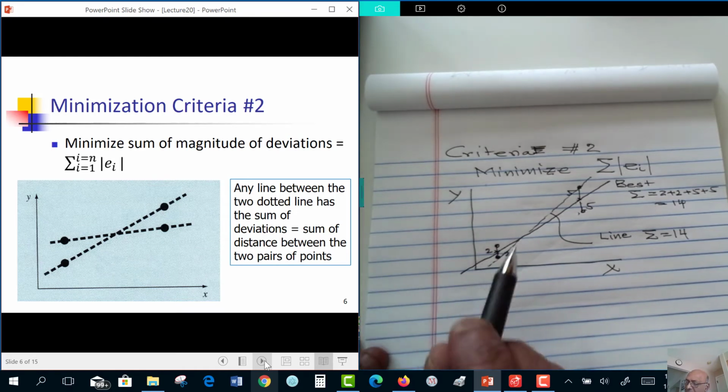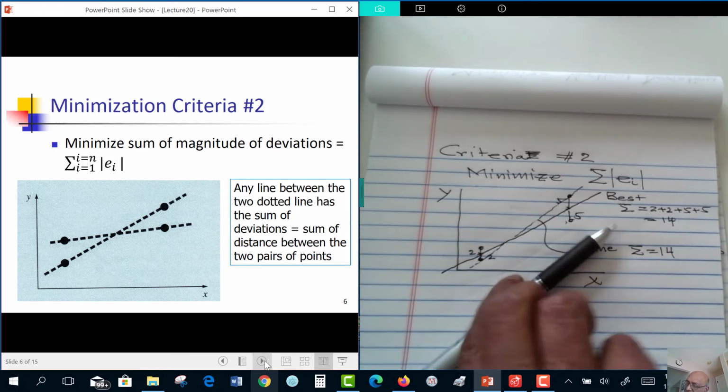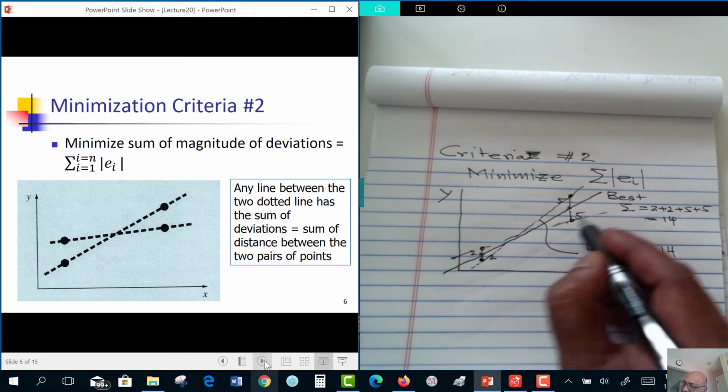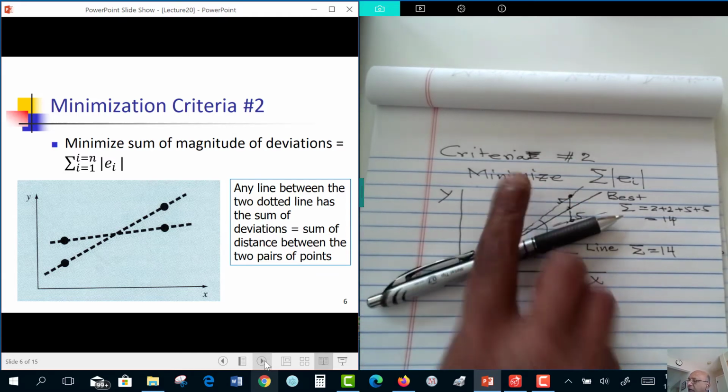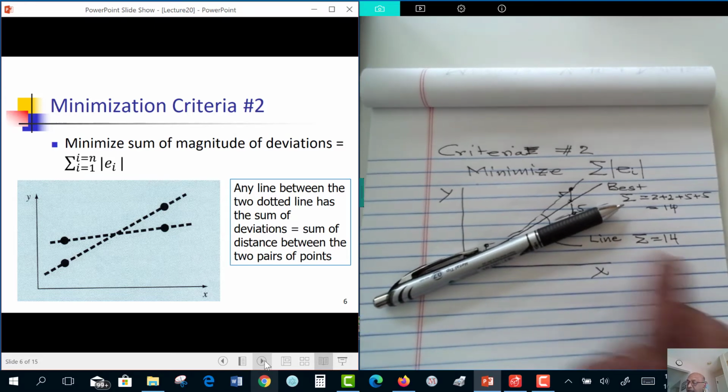So any line that I can draw between these two dotted lines, as I've shown in the slide, will have a deviation that will total up to 14. So again, we won't get unique results.